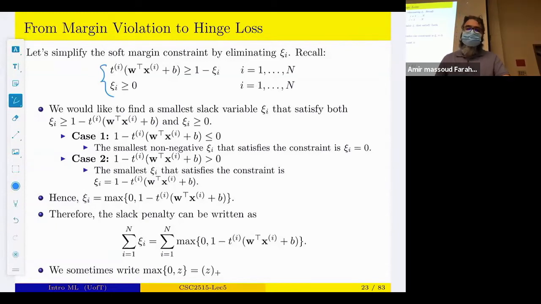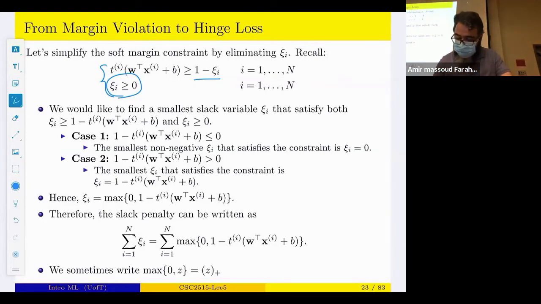These are our constraints: we want the slack variable to be non-negative, and the margin constraint to be satisfied with 1 minus the slack. Remember that we have the penalty term on the slack variables in the objective. So that penalty forces us to choose the smallest slack variable such that these constraints are satisfied.